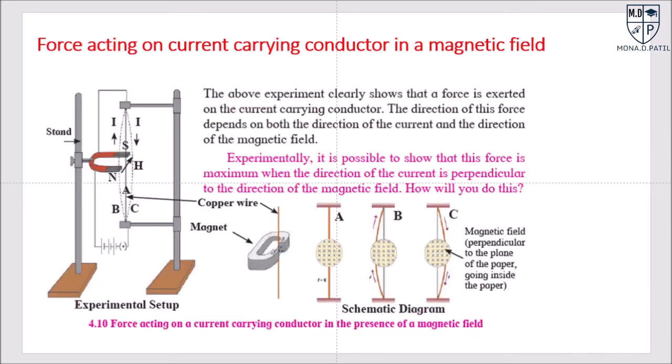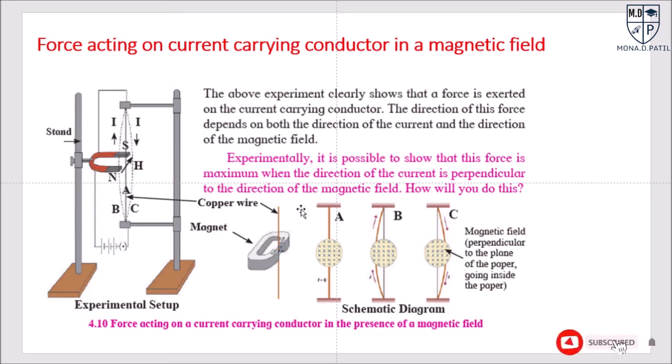Then, force acting on a current carrying conductor in a magnetic field. Here the magnet is arranged, and between both poles of the magnet, a conductor is placed, which has been applied in the circuit. In that case you can observe such a loop, with current flowing, in this experiment.